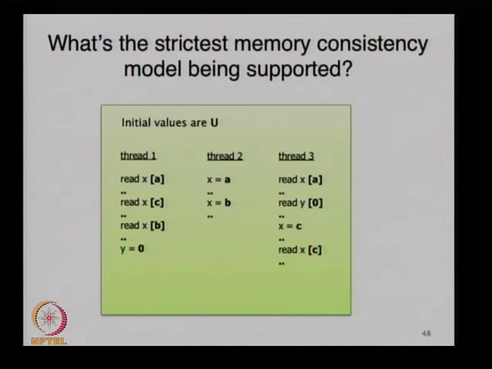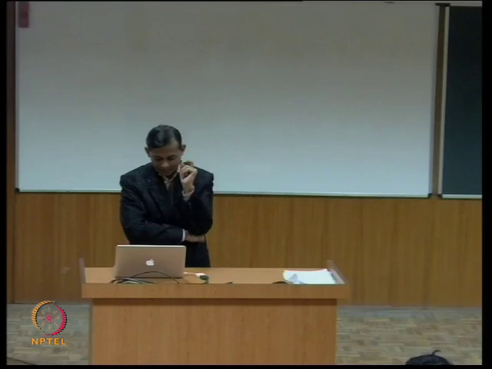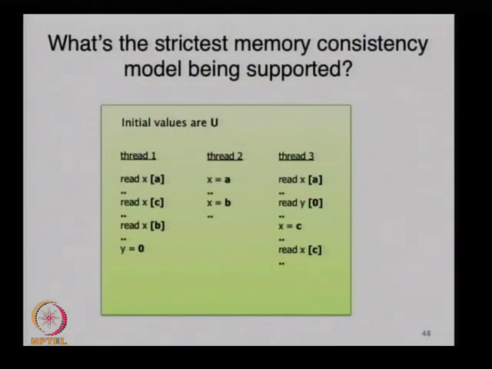Its second read is causally related to the X equal to C write, and its third read is causally related with X equal to B. Similarly on thread 3, the read of X is related to X equal to A, the read of Y is related to Y equal to 0, and the read of X is related to just the previous write.